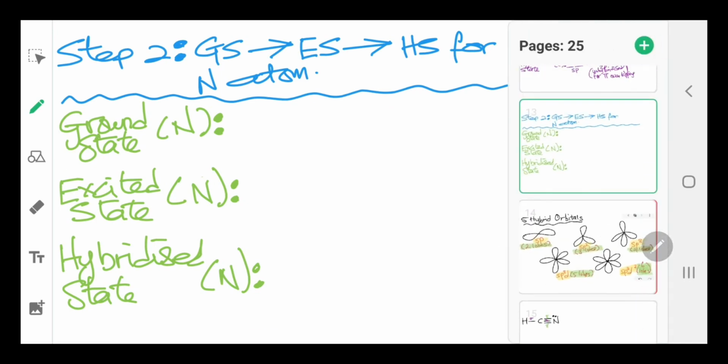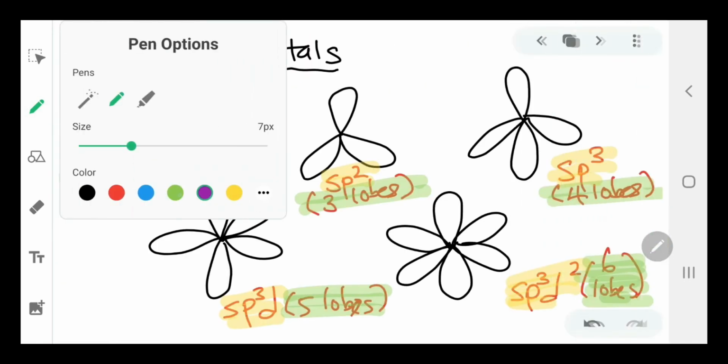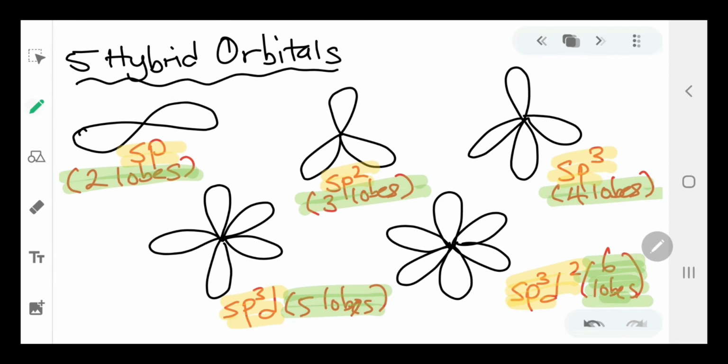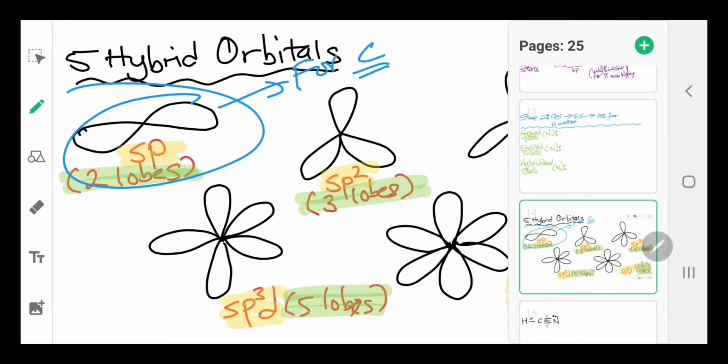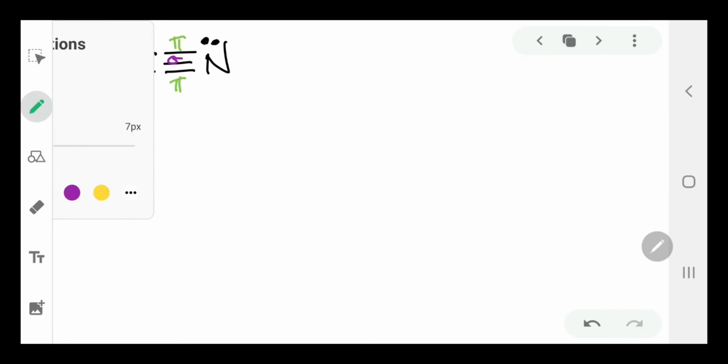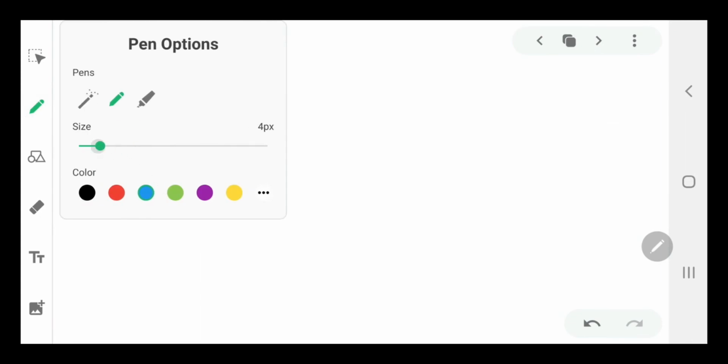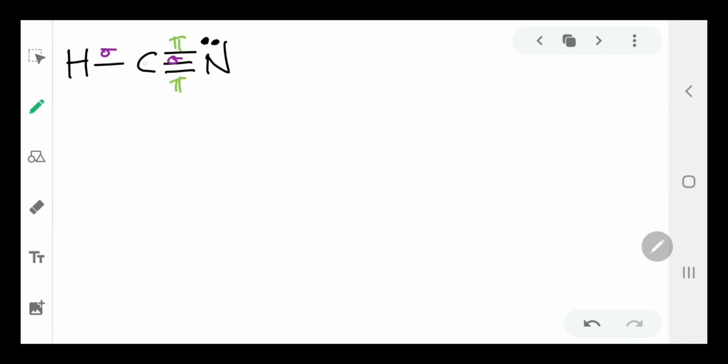Okay, so let's have a look again. That is the shape for carbon. If we look here, carbon sp just now, you have something like this.